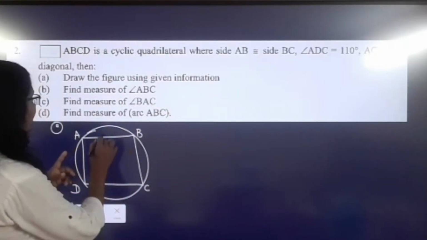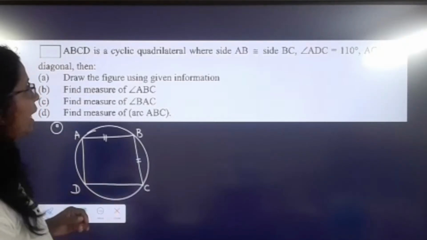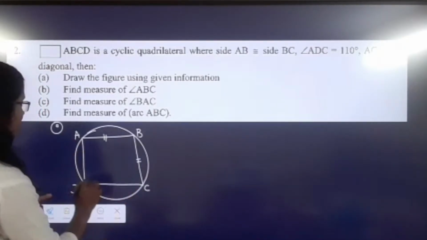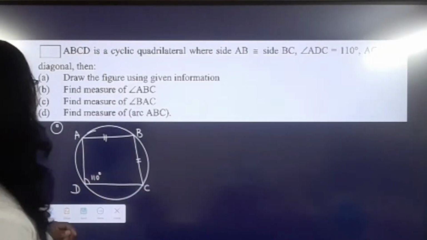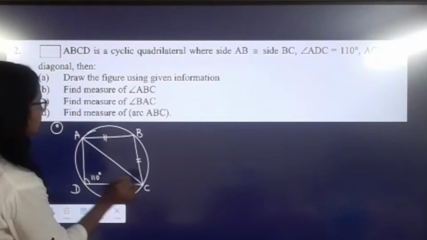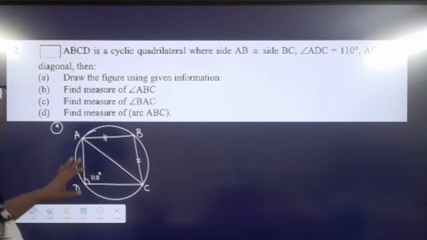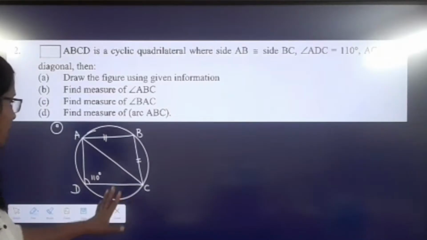So AB congruent to BC. Okay, then ADC, see here ADC is equal to 110. Okay, AC is the diagonal. Yes, AC is the diagonal. Yes. So now by the given information, we draw this figure.